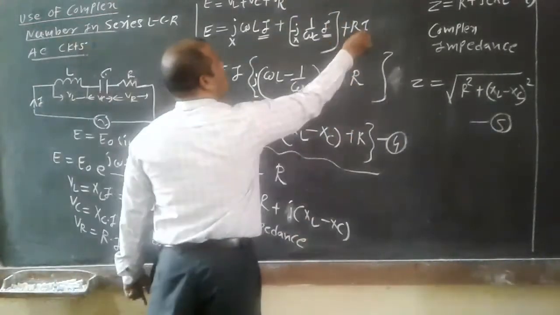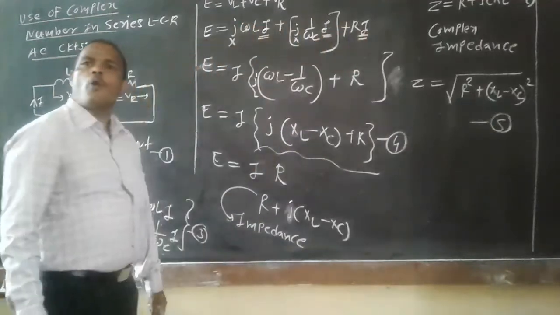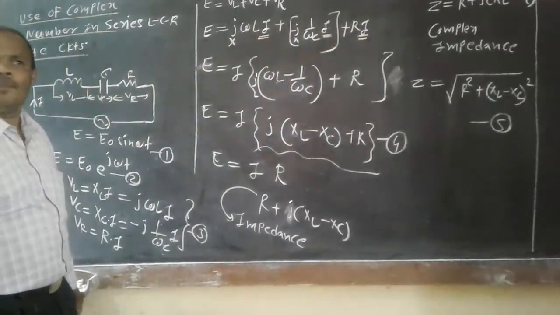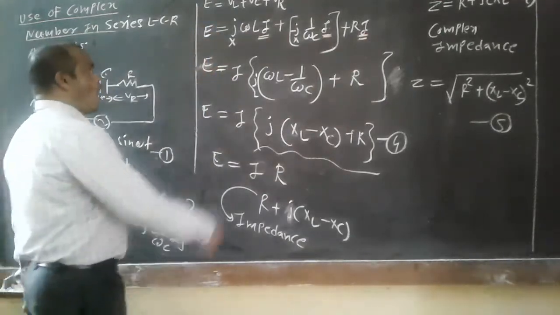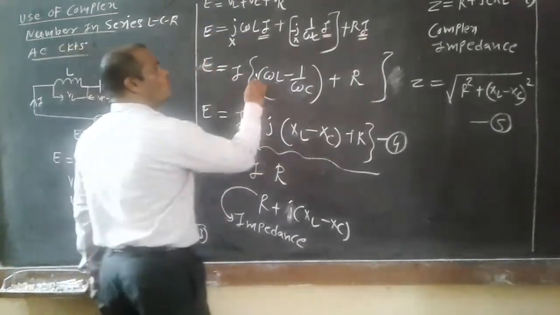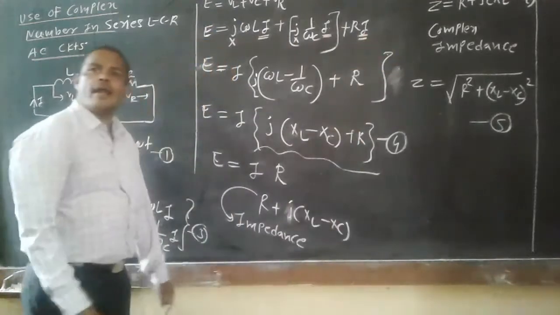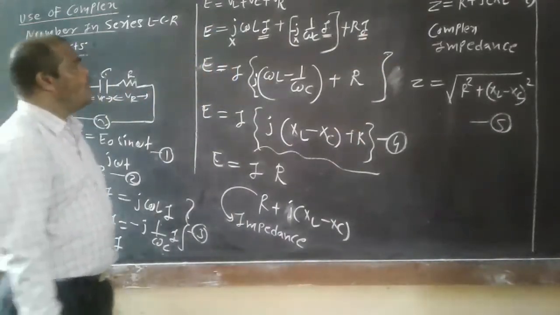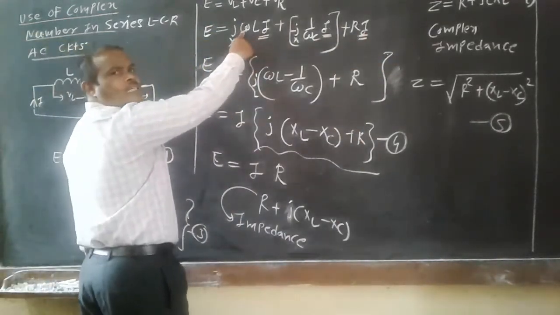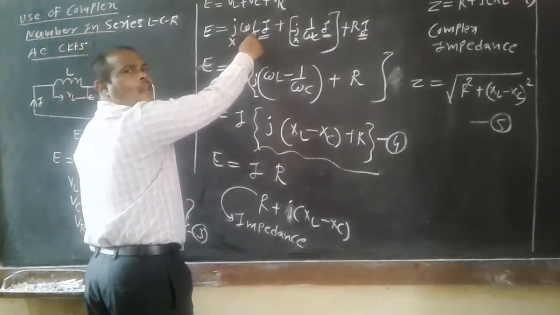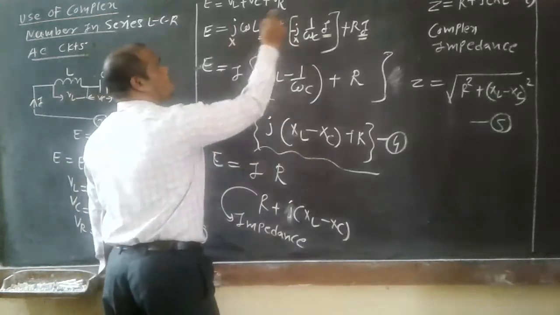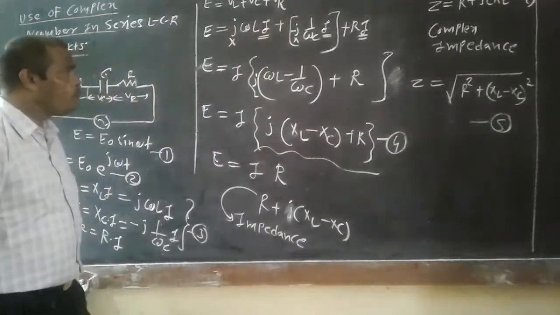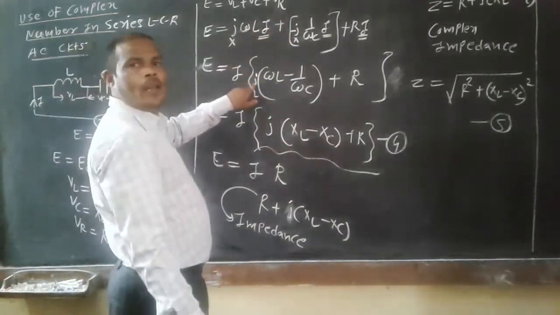Now take I common from all three terms. Left hand side E equal to as it is, I is common. Use the curly bracket and write the remaining terms. In the first term remaining is omega L. We have also taken j common from the first and second terms simultaneously. So j is common.